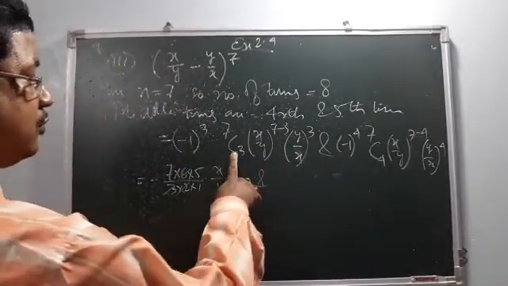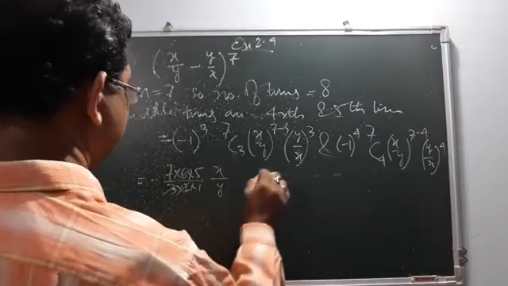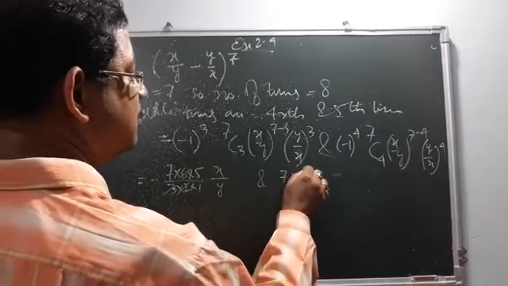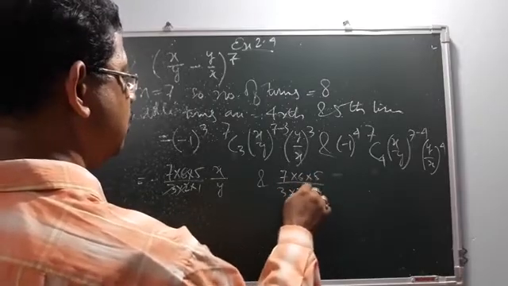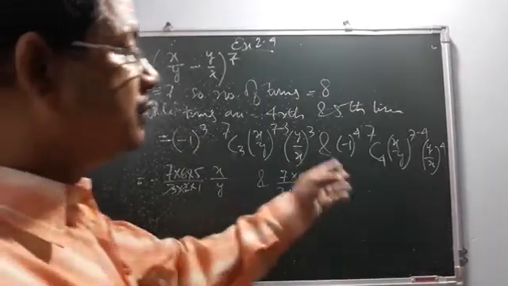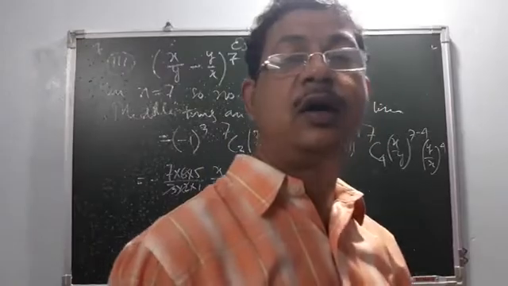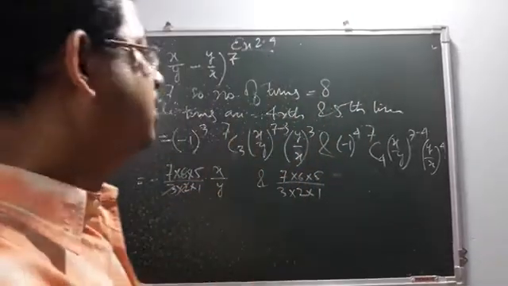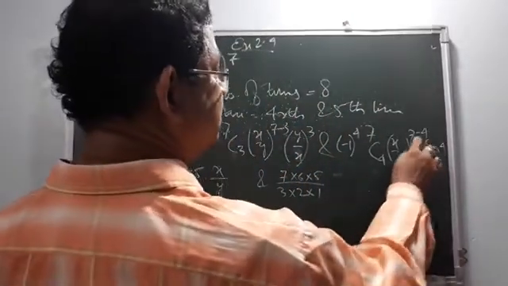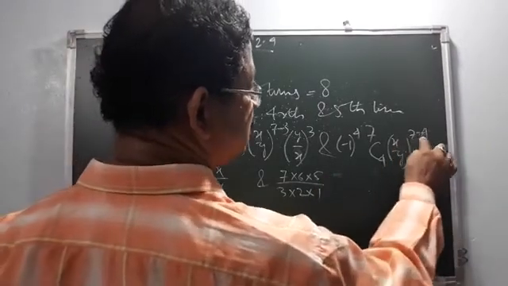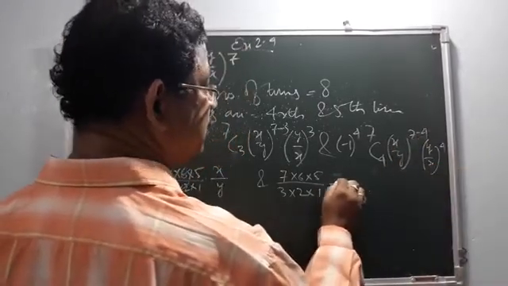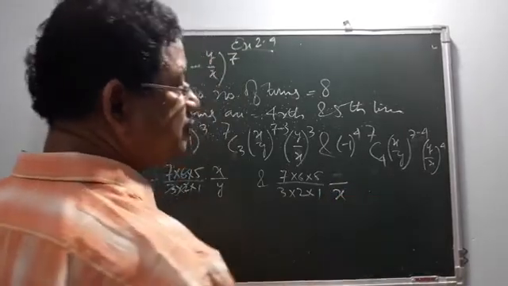7C4 and 7C3 are actually the same, so 7 into 6 into 5. Why the same? Because we know one formula that nCr is equal to nC(n minus r). Here x to the power 3 and x to the power 4 will cancel, leaving only x in the denominator.